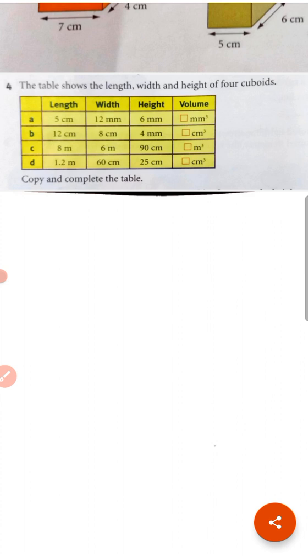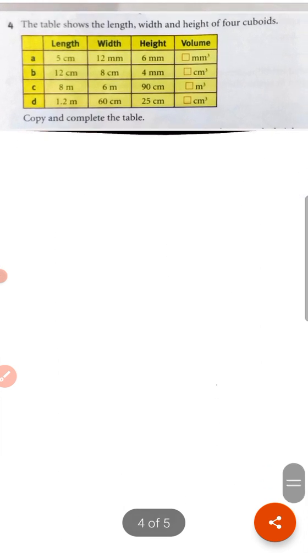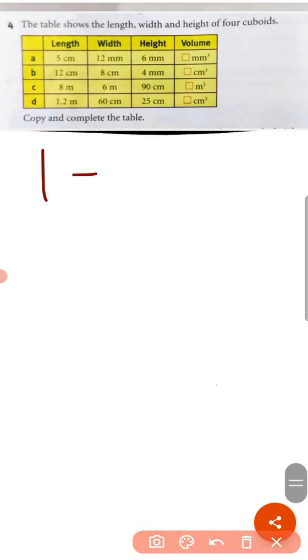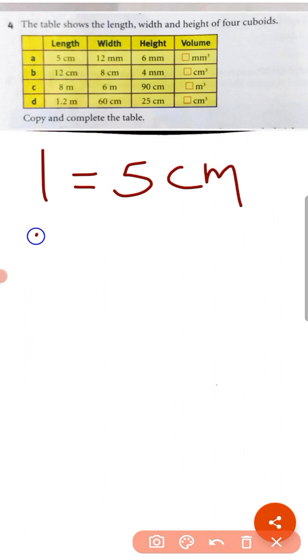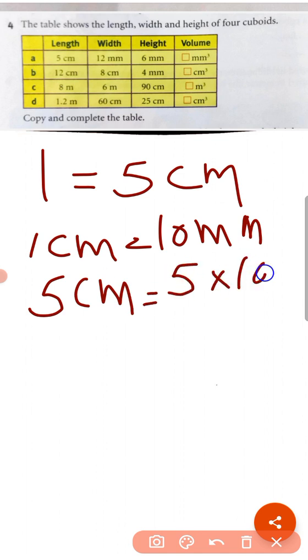So we have to change it into same unit. So first change length into millimeter. Here length is equal to 5 centimeter. 1 centimeter is equal to 10 millimeter. So 5 centimeters equal to 5 into 10, 50 millimeter.